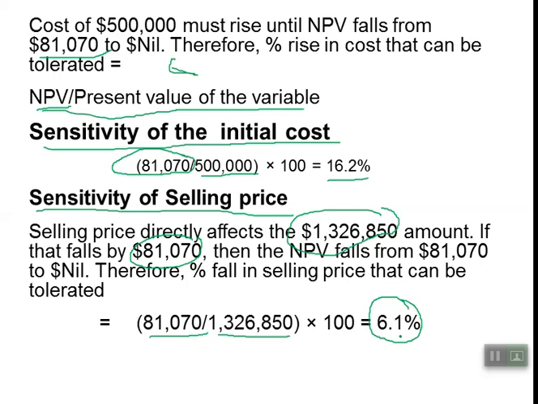But for cost, if a cost increases, then it automatically affects your net present value. For revenues, if the revenue decreases, then automatically it affects your net present value. So for cost, we look at the increase to affect the net present value, but for revenues, we look at the decrease.